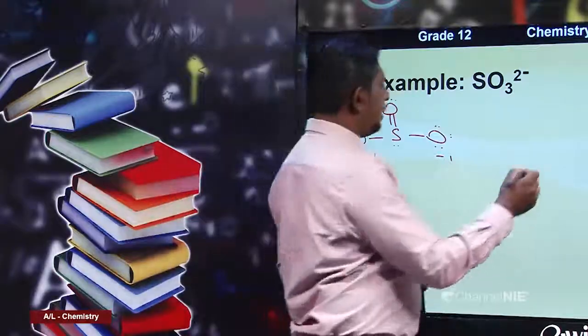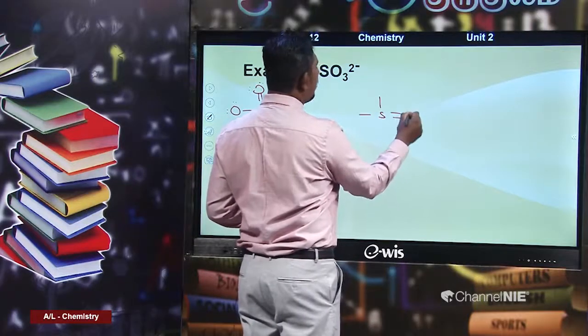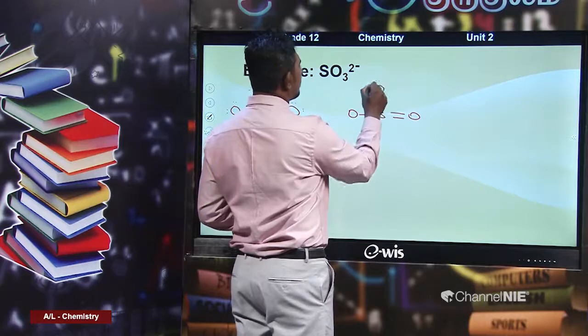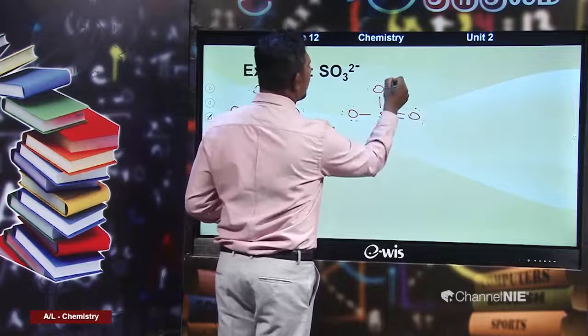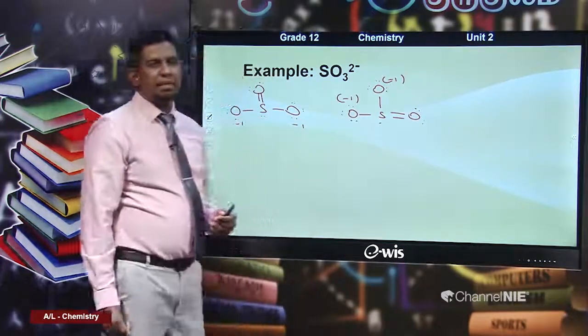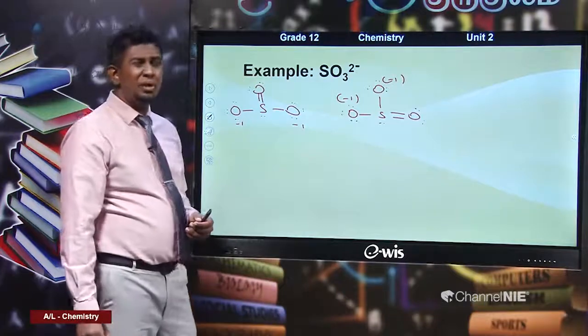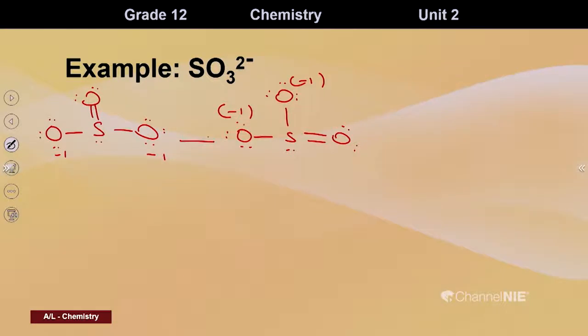Then the same SO3 could have the double bond here, so there is a -1 charge here and a -1 charge here. Students, we are going to draw an arrow. This is a very, very special arrow. This is used only to denote resonance structures. In drawing resonance structures only, we use this arrow.